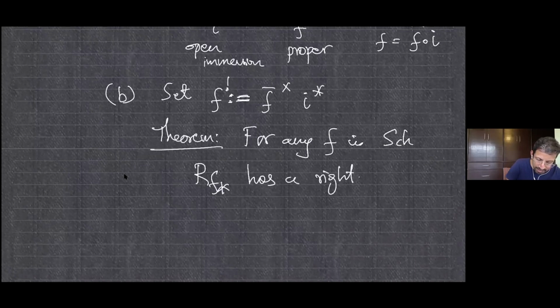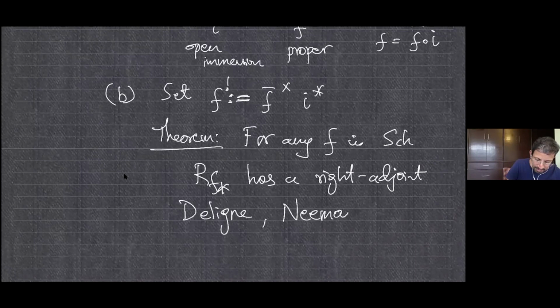Again, I am not writing the derived categories in the picture. This theorem was originally proved by Deligne in the 1960s, and later also by Neeman using Brown representability. Deligne used what is called the special adjoint functor theorem, and Neeman used some ideas from Brown representability to prove this theorem. So therefore, this f bar cross exists.